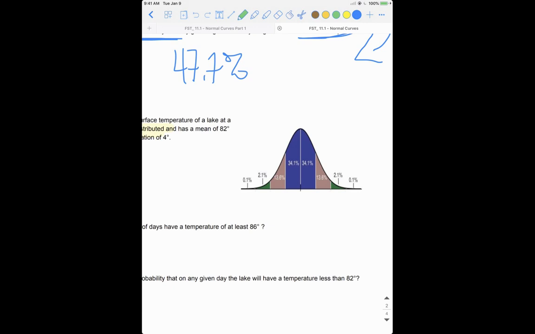Our mean is 82, and our standard deviation is 4. Each one we go out, 1, 2, 3, is going to be 4 degrees. So 86, 90, 94, 78, 74, 70. I don't really know if this is hot or cold. I don't know too much about water temperatures.